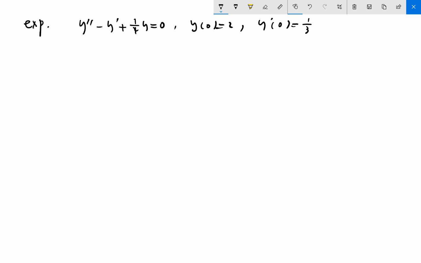This is a second order linear homogeneous equation with constant coefficients. So the first thing to write down is the characteristic equation, which is a quadratic equation. This one you can factor like this.